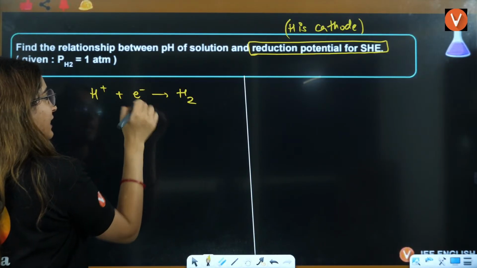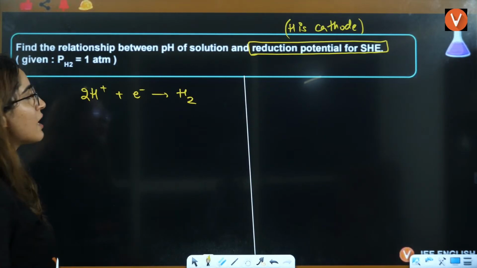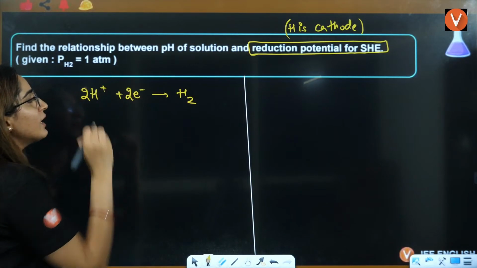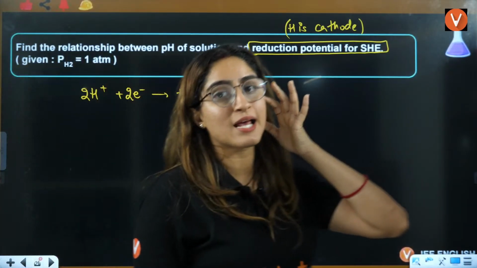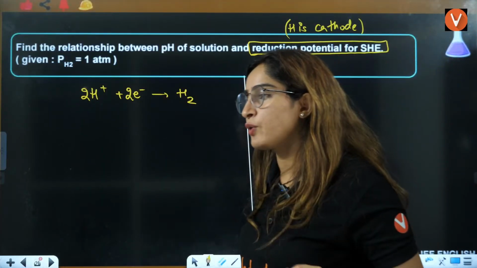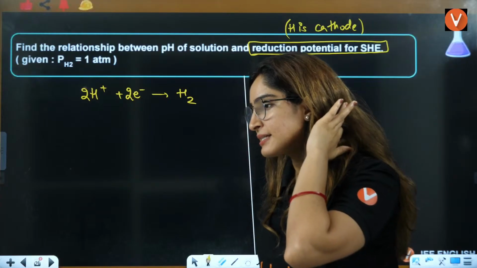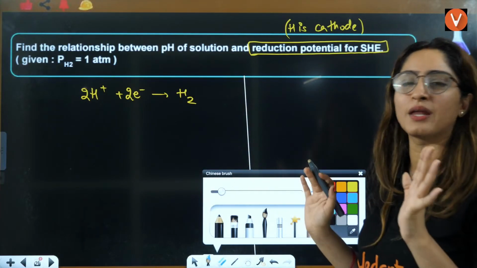Now, if it is gaining electrons and two hydrogens are formed here, that means two electrons will be gained here. Right? Firstly, tell me, are you able to understand how I got a hint that this is the reaction that you are going to use here? Now, once you know the reaction, everything else is very simple.